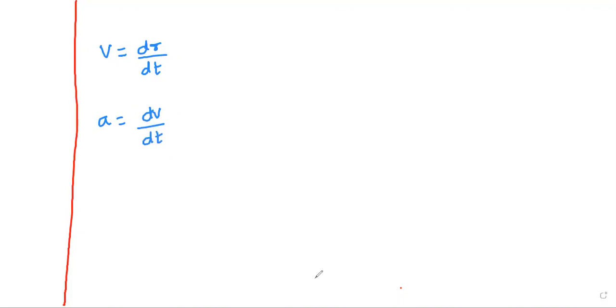Suppose the displacement is varying with respect to time as, for example, 5t cube minus 3t square plus 10t minus 20. Then I'll use differentiation.